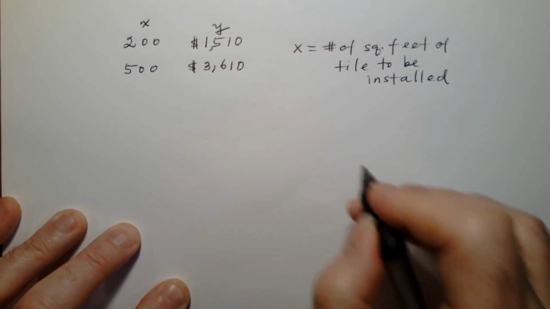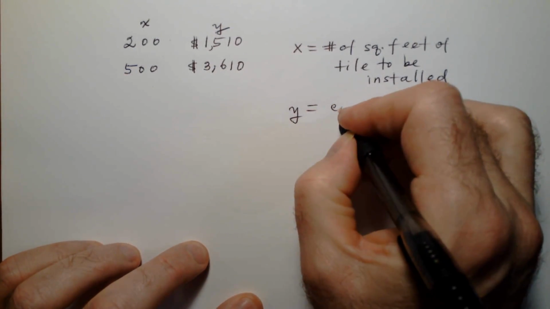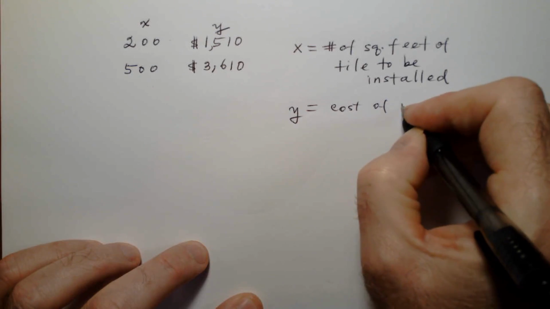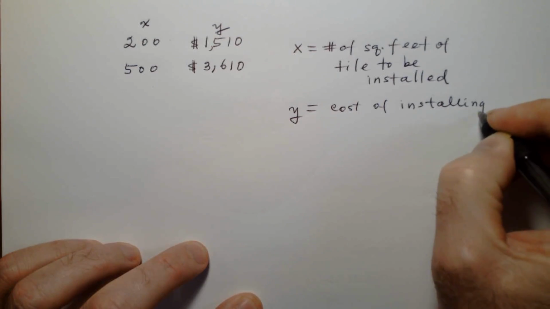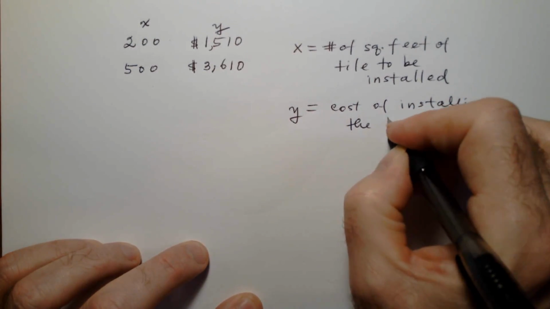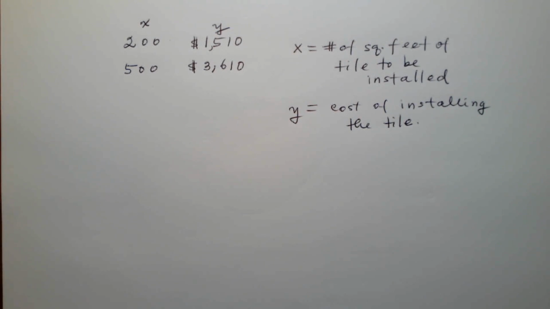That's our input. And our response or our output is going to be the cost of installing the tile, right? So y is going to be our cost in dollars, and x is going to be our area of tile to be installed in square feet.